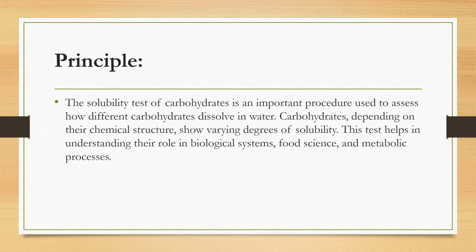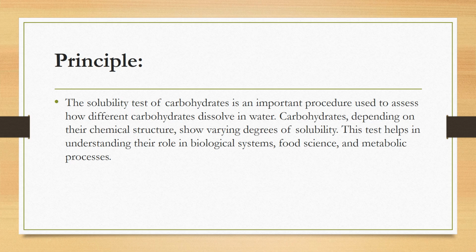Okay, so the solubility test of carbohydrates is an important procedure used to assess how different carbohydrates dissolve in water. Carbohydrates, depending on their chemical structure, show varied degrees of solubility.